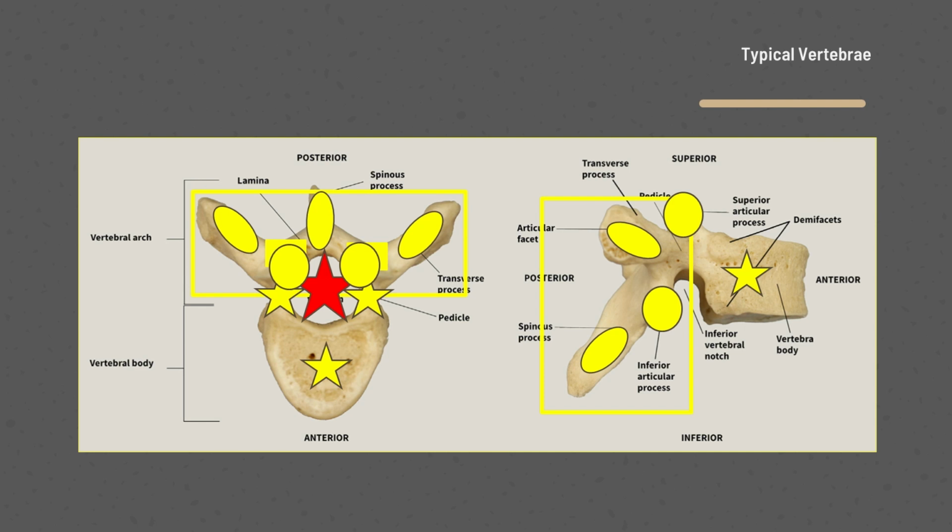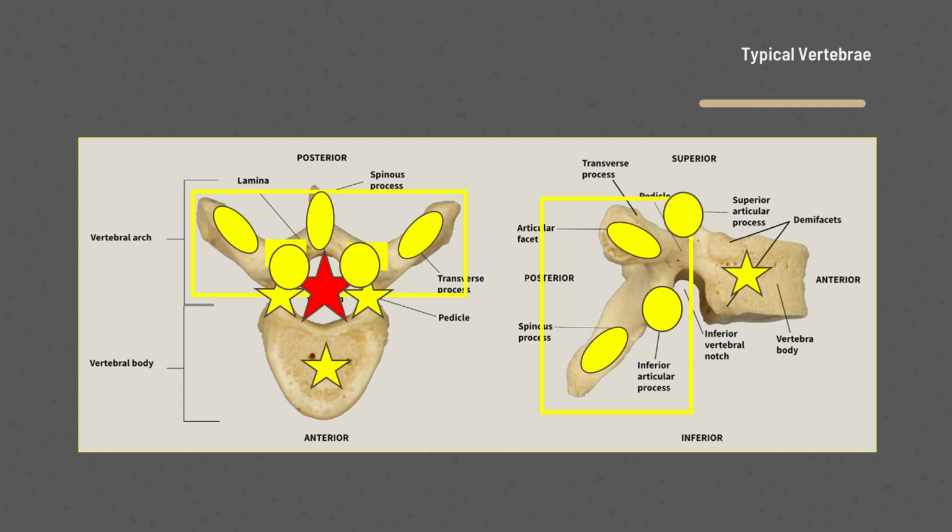Anteriorly, we've got the vertebral bodies, and these are essentially the weight-bearing component of the column. Posteriorly, we've got the vertebral arch, which is here, and between the two, we've got the pedicle. Altogether, this forms a vertebral foramen.